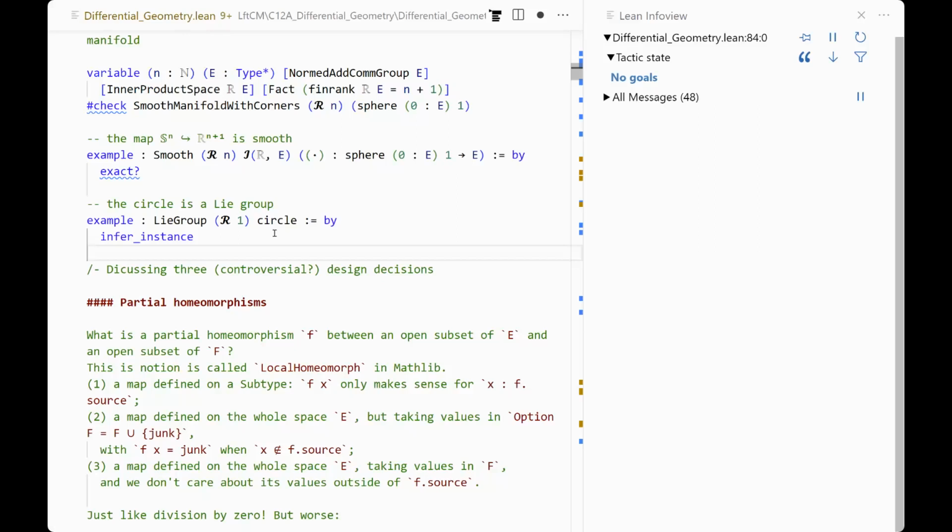The disadvantage with a definition like this is that if you then have this local homeomorphism f, and you want to apply it to an element in H, you have to always prove that it's in the domain of f.